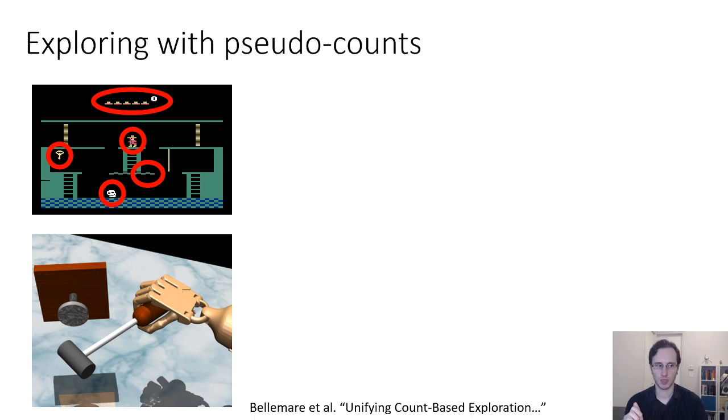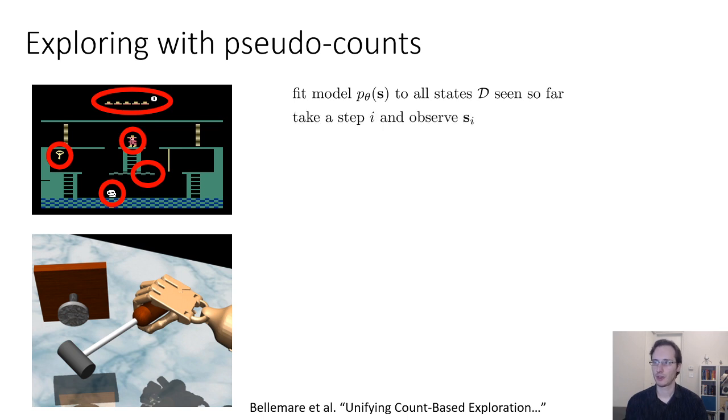So this is based on a paper called Unifying Count-Based Exploration by Bellemare et al. The idea is this. We're going to fit a model, p theta of s, to all the states that we've seen so far in our dataset D. Then we will take a step i and observe the new state s i. Then we will fit a new model, p theta prime of s, to D with the new state appended to it.